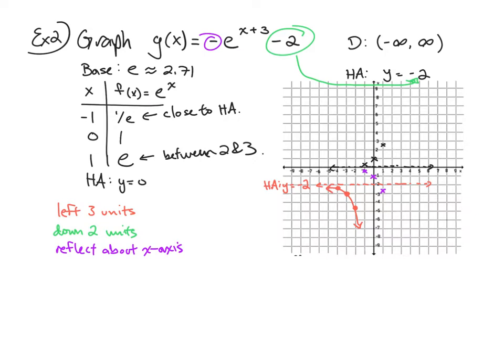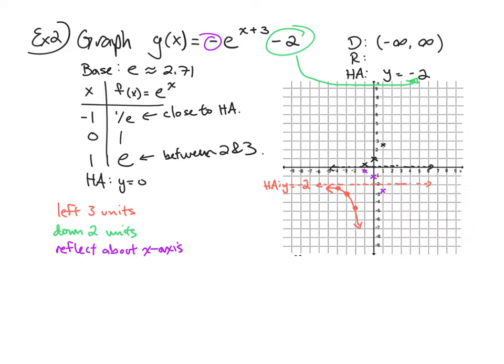So we have to go back. We already talked about the domain. We already talked about the horizontal asymptote of the transformed function, which is really the only horizontal asymptote we care about. And we need that range. Now I can't all the time say what the range is right from the beginning, but I do know that -2 will be a part of the range. In this case, the range starts at -infinity, you can see because the arrow going down forever.